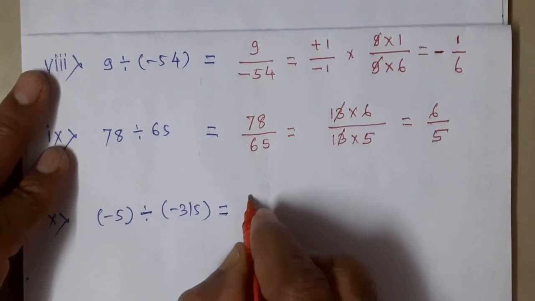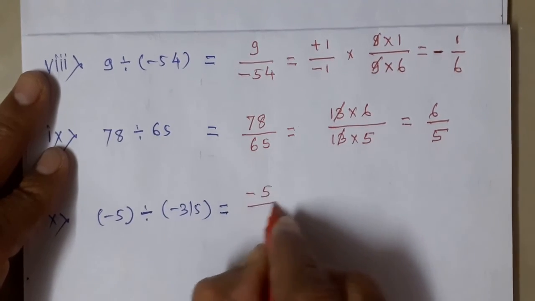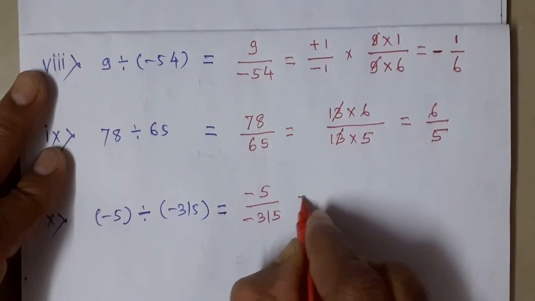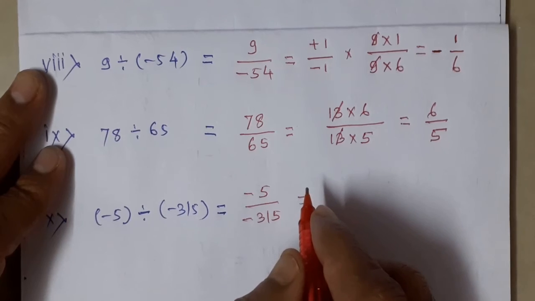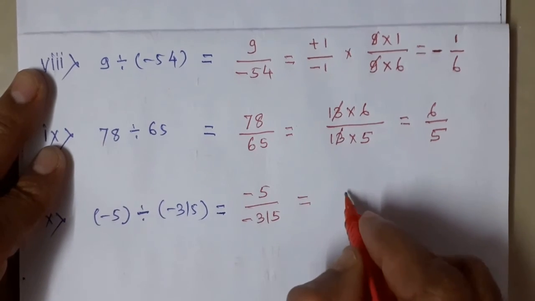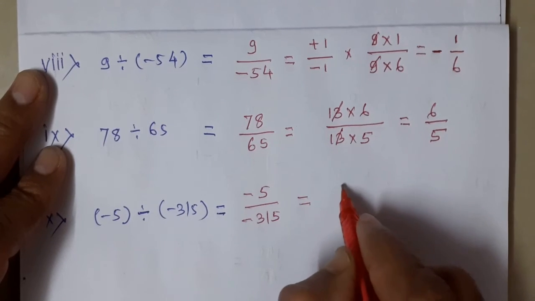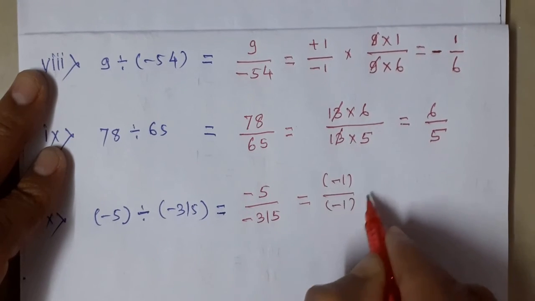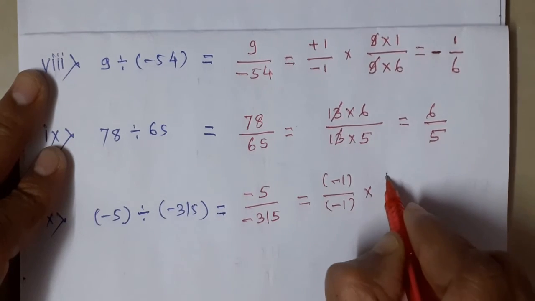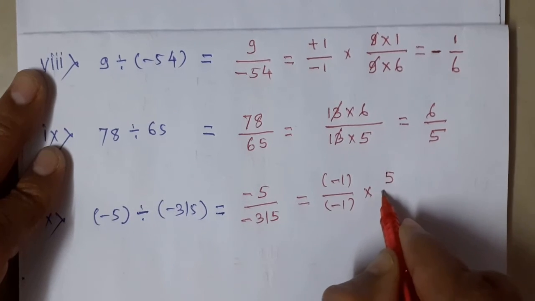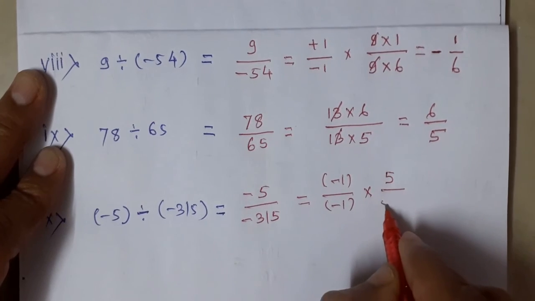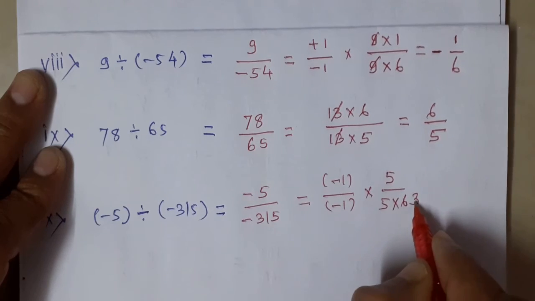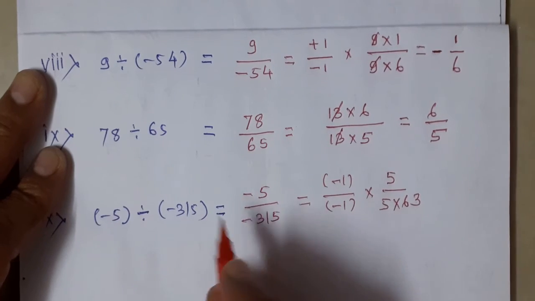The last example: minus 5 divided by minus 315. I take minus 1 over minus 1, multiplied by 5 over 5 times 63. 63 fives are 315.